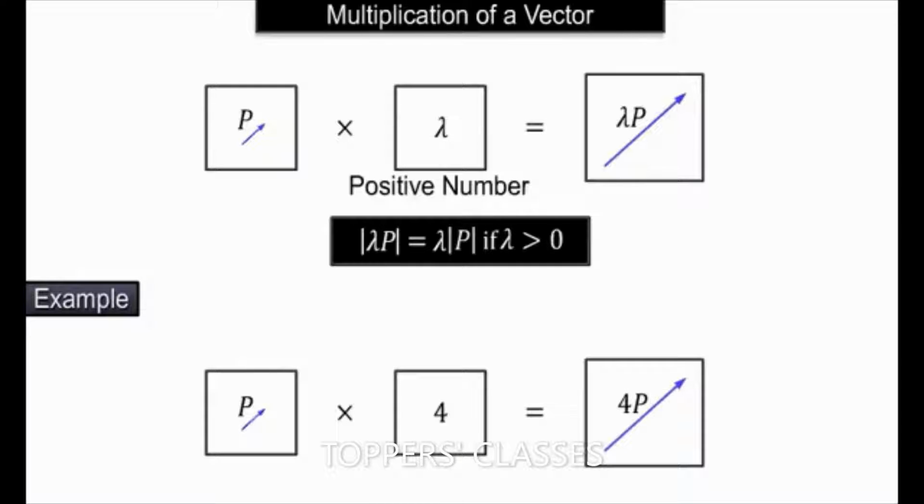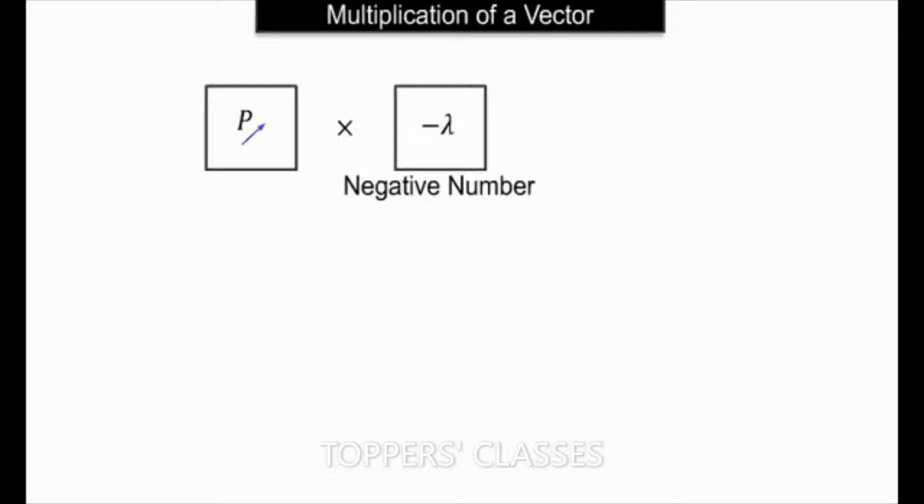For example, when p is multiplied by 4, the resultant vector is 4p, whose magnitude is 4 times that of mod p. On the other hand, when you multiply a vector p with a negative number lambda, you get vector minus lambda p, whose direction is opposite to the direction of p, and its magnitude is minus lambda times that of mod p.